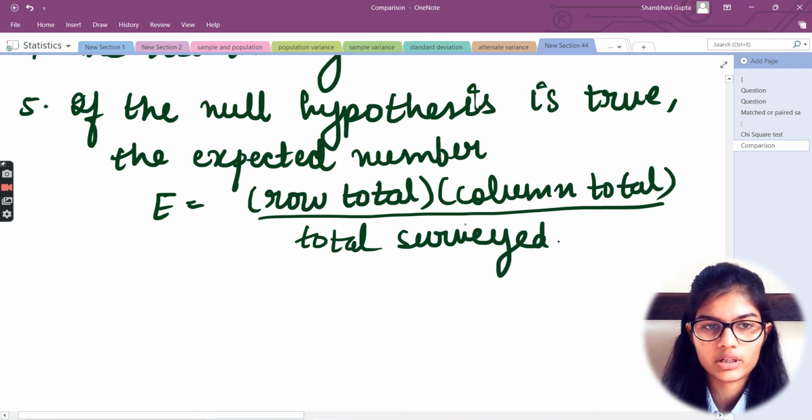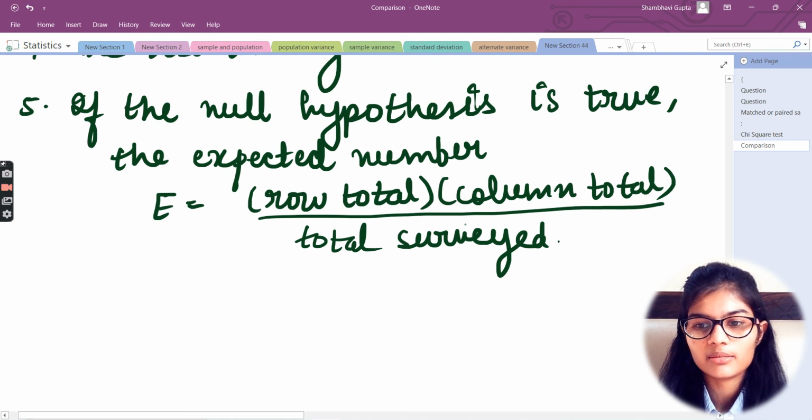This is what we have here. So if the null hypothesis is true, the expected number, the capital E we used in the formula as well, is row total into column total upon total surveyed, right?